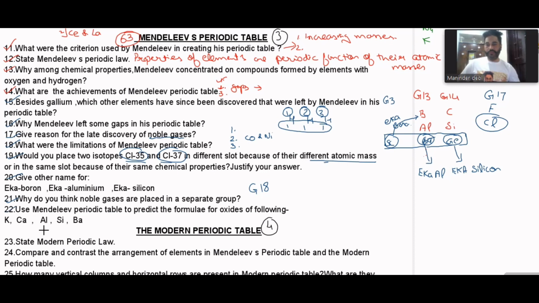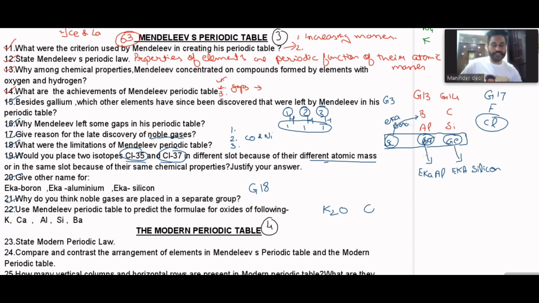22. Use the periodic table to predict the formula of oxides. You might be thinking that we don't know the modern periodic table, but you can make the formulas using it. What will be potassium oxide? It would be K2O, because potassium is in group number 1, its valency is 1, and oxygen is in group number 16, valency 2. So the formula will be K2O.